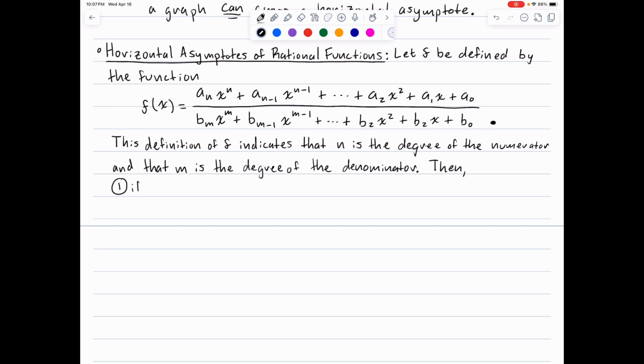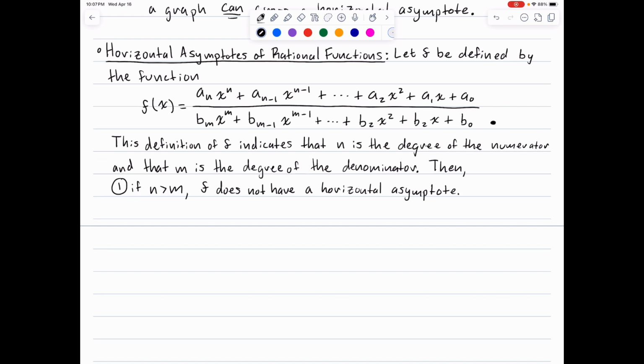If n, as in Nancy, is greater than m, as in Molly, f does not have a horizontal asymptote. So if the degree of the numerator is bigger than the degree of the denominator, then f does not have a horizontal asymptote.